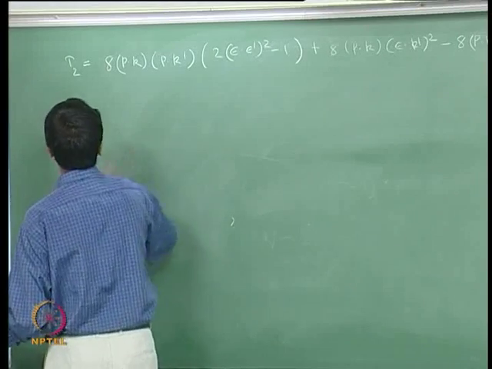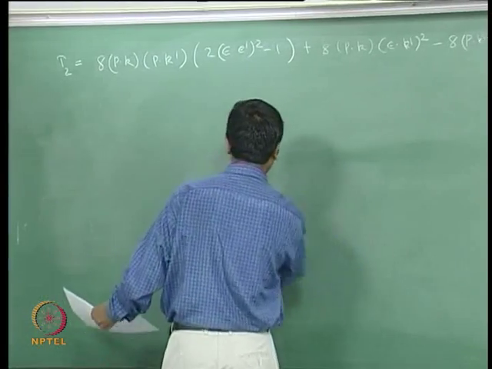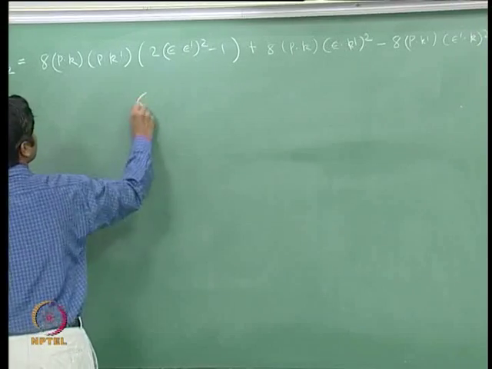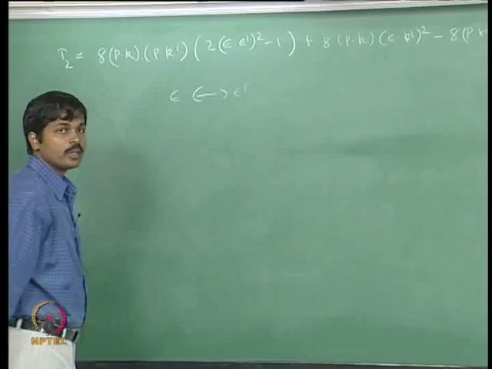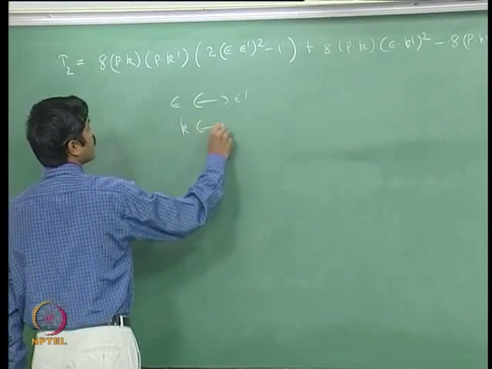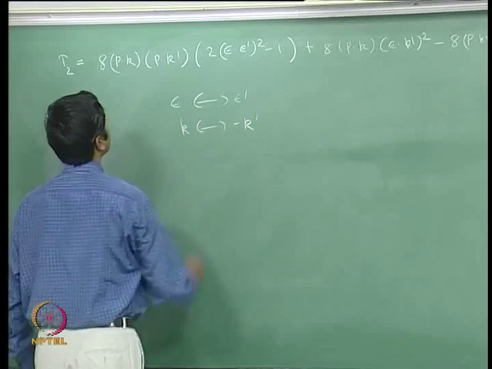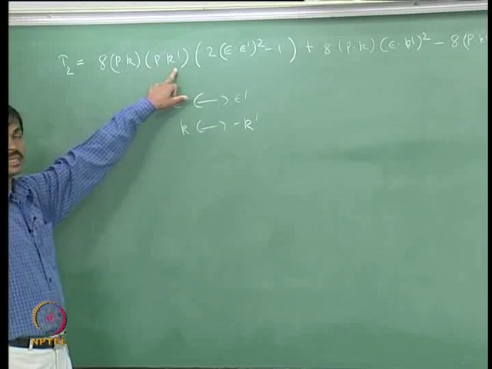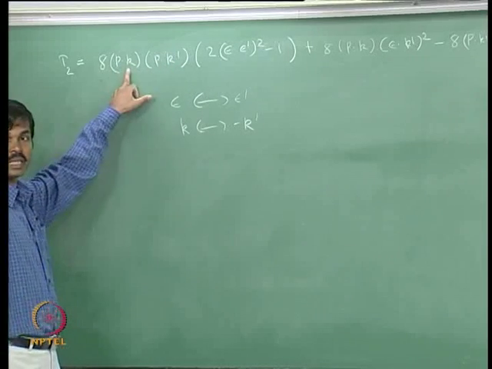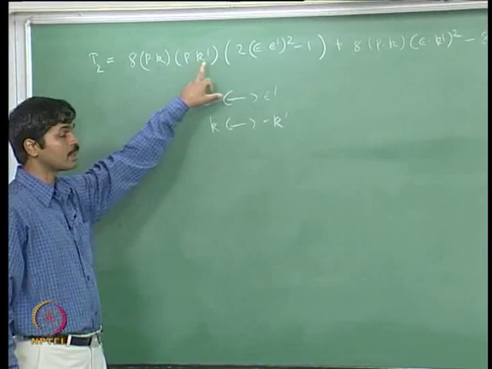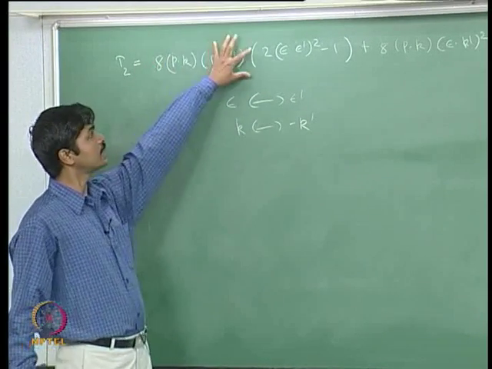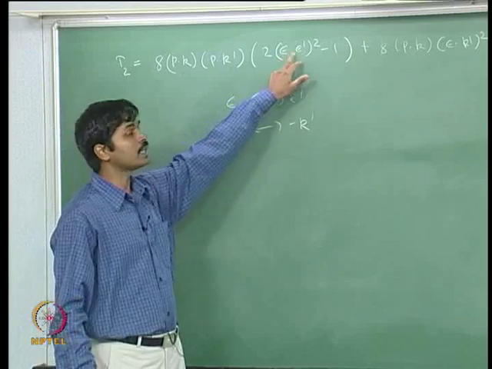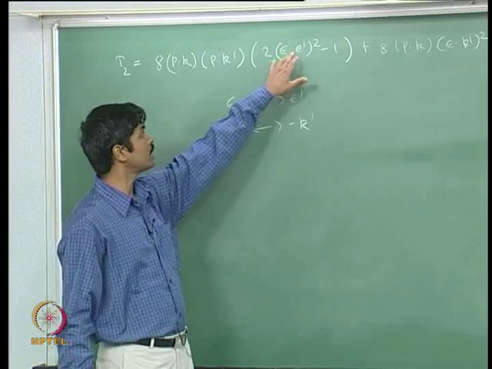Now, I have to find T3 from here, but you can see that if you make this transformation, epsilon goes to epsilon prime and k goes to minus k prime, then here it will pick two minus signs because k goes to minus k prime goes to minus k. Therefore, this whole thing is invariant here, epsilon and epsilon prime are interchanged, there is a whole square.